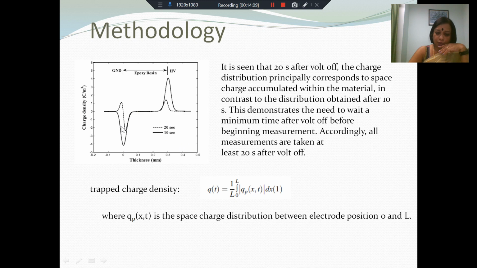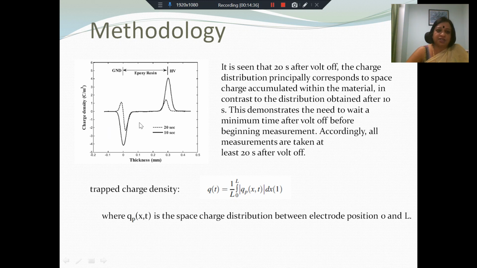So we wait for 20 seconds after voltage off before we make the measurement, and that gives us the signal only due to space charge accumulation. This demonstrates the need to wait a minimum time after voltage off before beginning measurements. It is such a short time that depolarization or detrapping of charges has not yet begun. You have enough trapped charge, but you do not have the effect of the polarization charges.